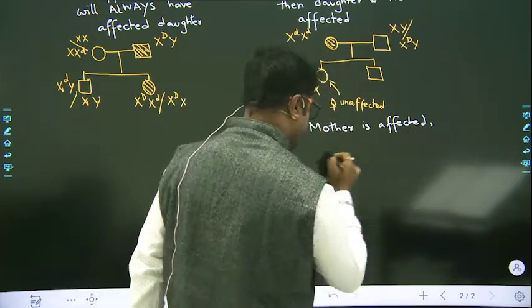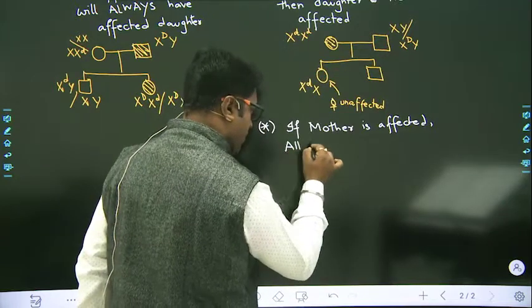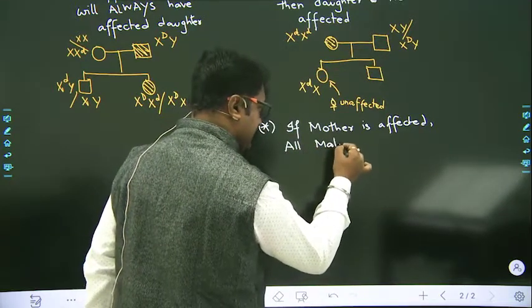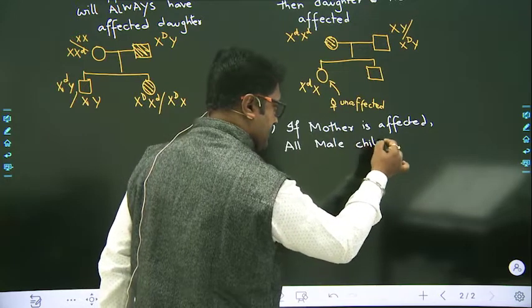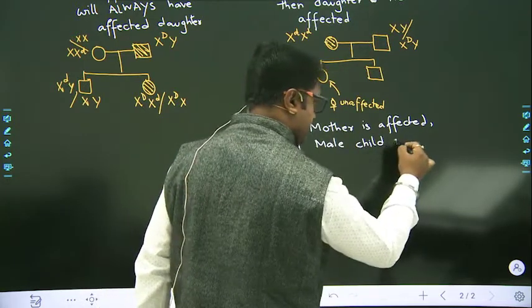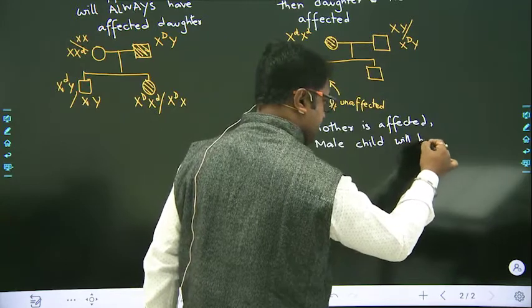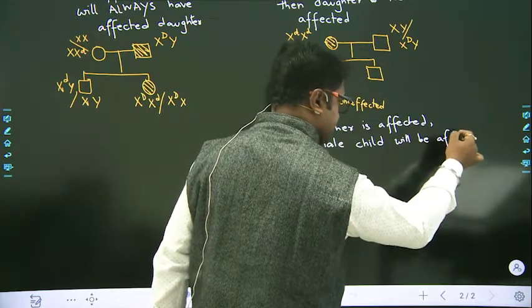That is, if the mother is affected, all the male children will be affected.